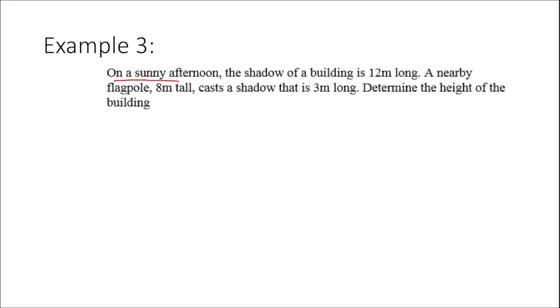On a sunny afternoon, the shadow of a building is 12 meters long. So there's a building, and the shadow's 12 meters long. Then there's a nearby flagpole, and it's 8 meters tall. And it casts a shadow of 3 meters long. What's the height of the building?